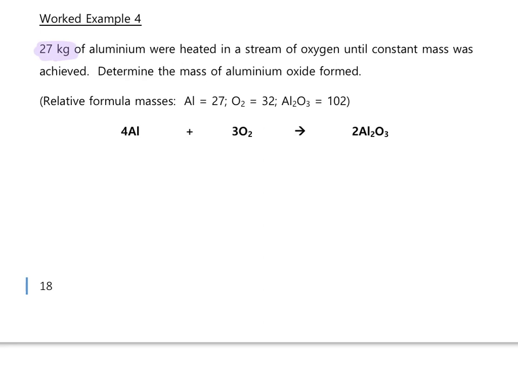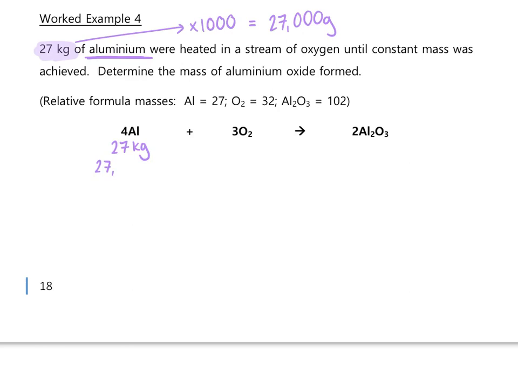So the mass I've been given is 27 kilograms, and that's of aluminium. So aluminium is Al, so I write down 27 kilograms underneath, but we know that we need to convert that to grams. How do we convert it to grams? We times by 1,000. There's 1,000 grams in each kilogram. So that's 27,000 grams of aluminium that I have.